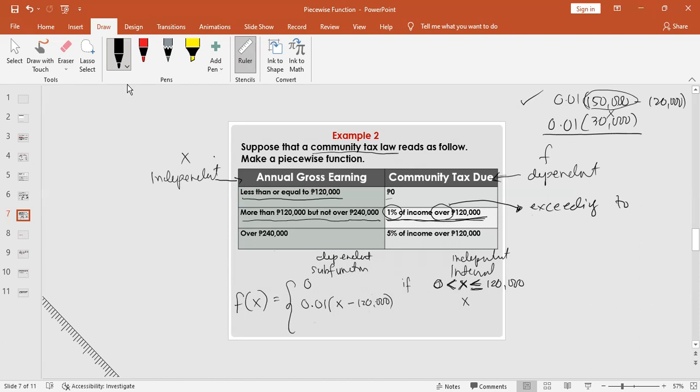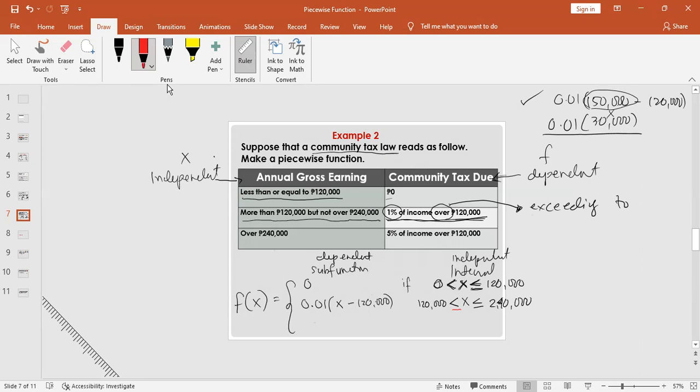So it's very easy. We will just put here greater than 120,000 but less than or equal to 240,000 pesos. Okay, again, we will not put an equal sign here since 120,000 pesos is already in the first interval.